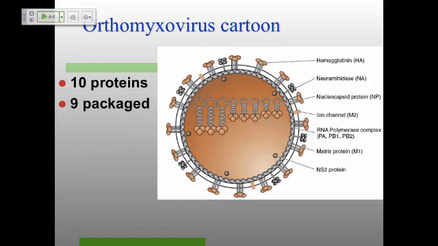Then, of course, our friends, the hemagglutinin and neuraminidase proteins. These are what's sticking out on the outside of the virus particle. Hemagglutinin is binding to the receptor. The neuraminidase seems to be involved in chopping off sialic acid on an already infected cell so that the virion can be released.